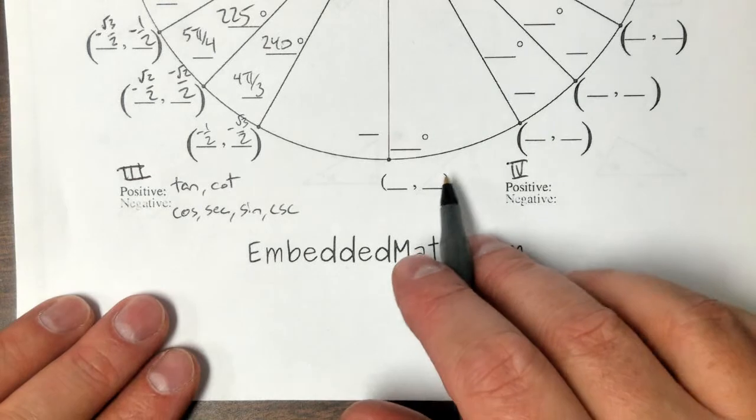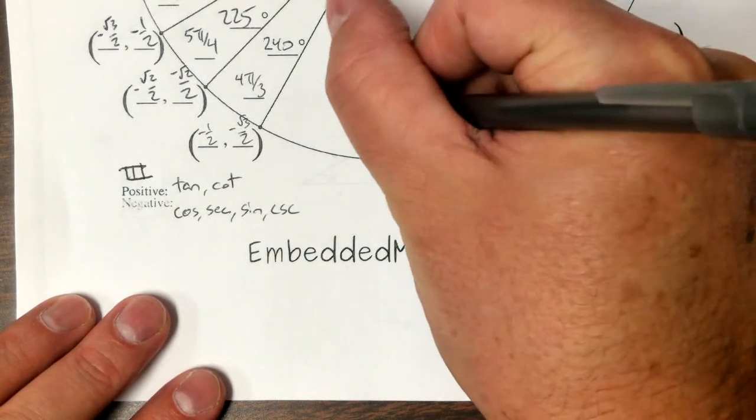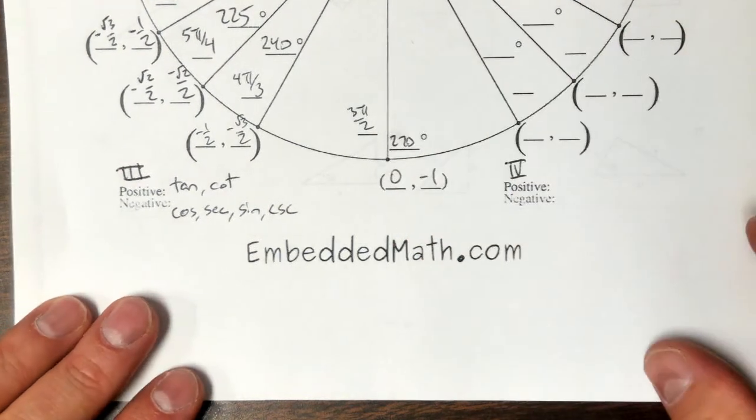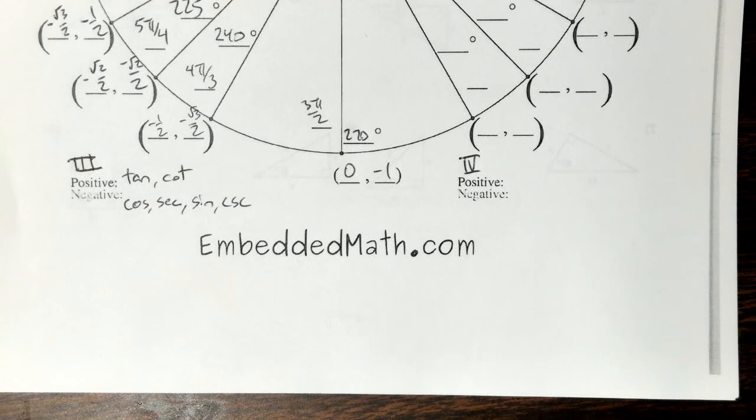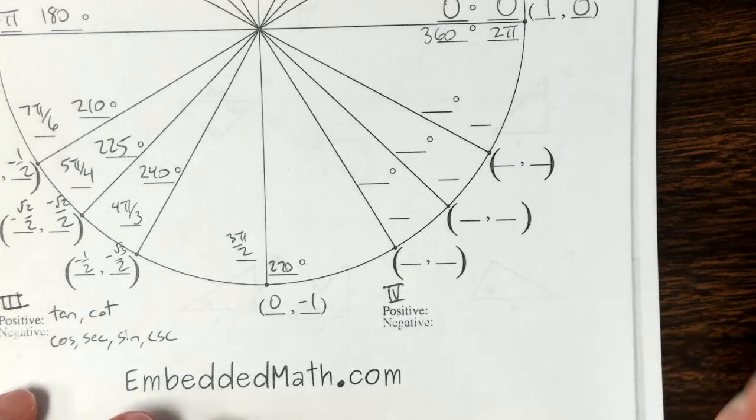And then your next one, it's 270 degrees, which is 3 pi halves, and that's 0, negative 1. Okay, again, working our way around.